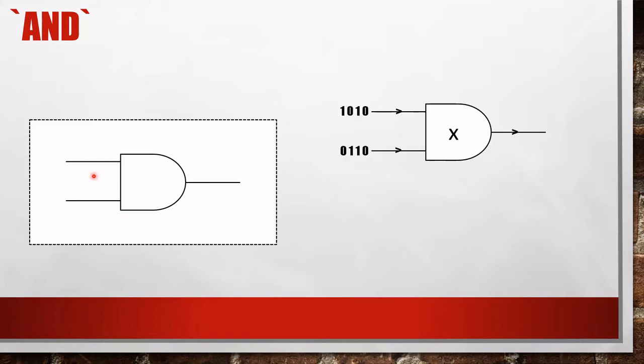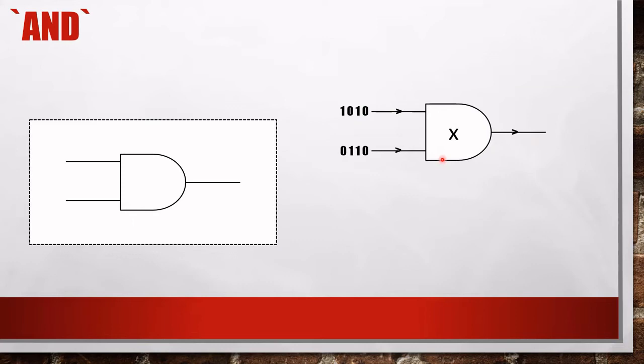So for logic gates, the data is represented in zeros and ones. On the right side, you can see an example. The binary digits are received as inputs, processing is done, and the output is produced.